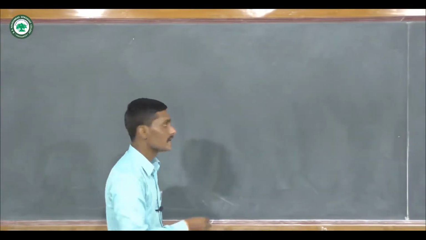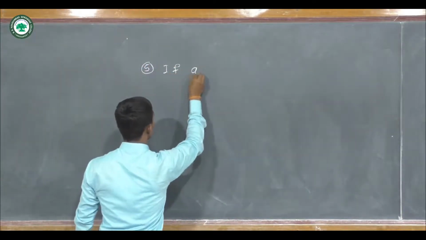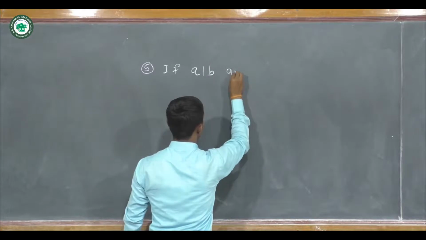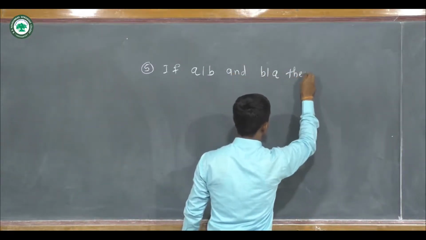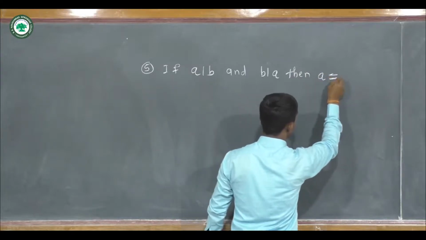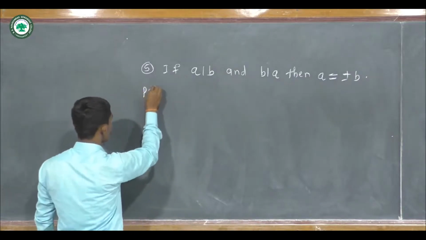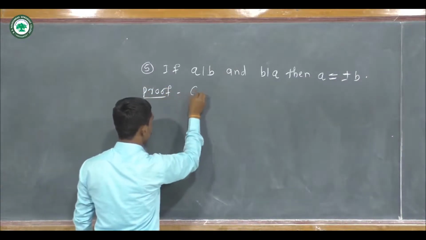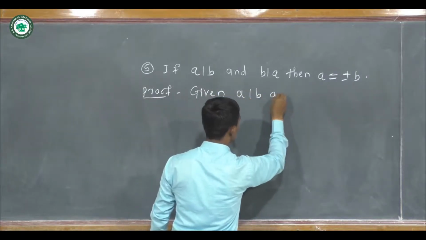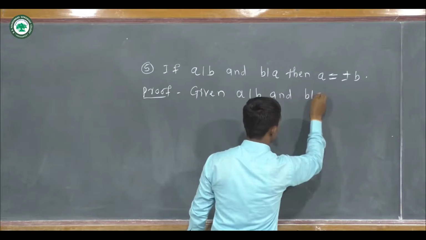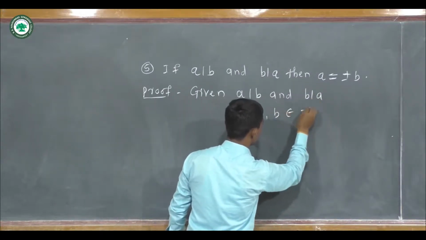Now here property number 5. If a divides b and b divides a, then a is equal to plus or minus b. Now proof: given a divides b and b divides a for a and b belongs to z.